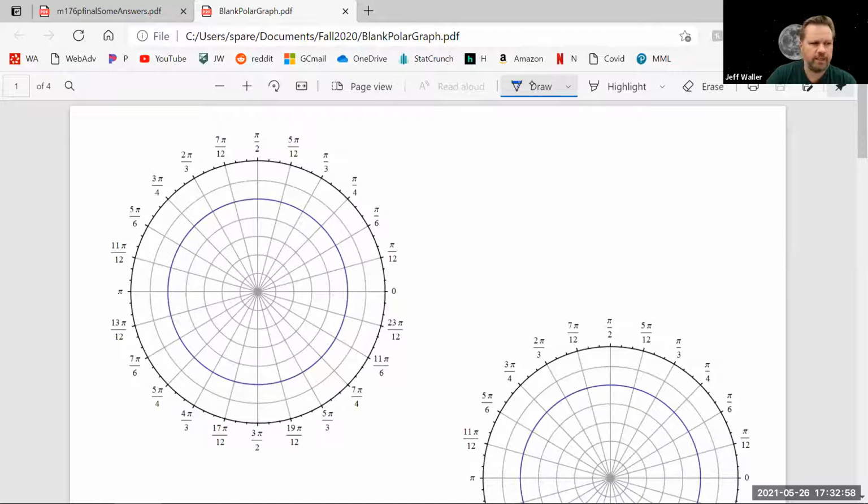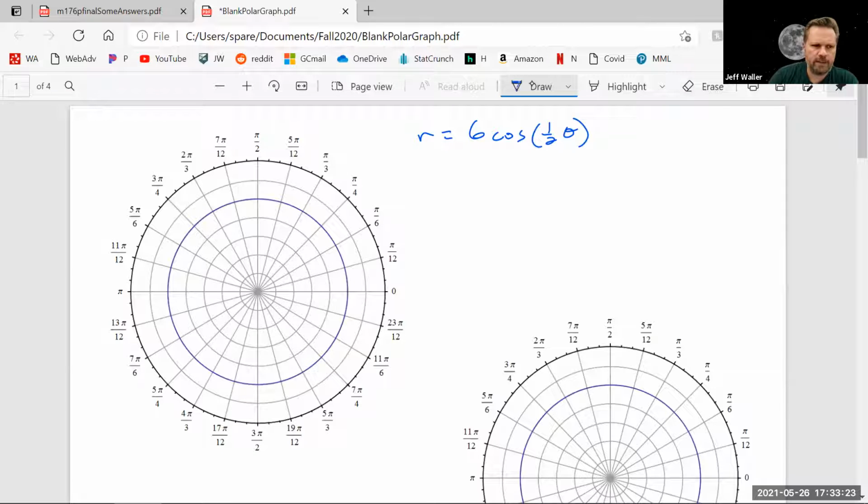But if I give you a problem like this, where I say graph this, right? If I give you a problem like this, I might tell you what symmetry it has, or I might tell you what the test is and have you verify it has a certain kind of symmetry before you start graphing it.